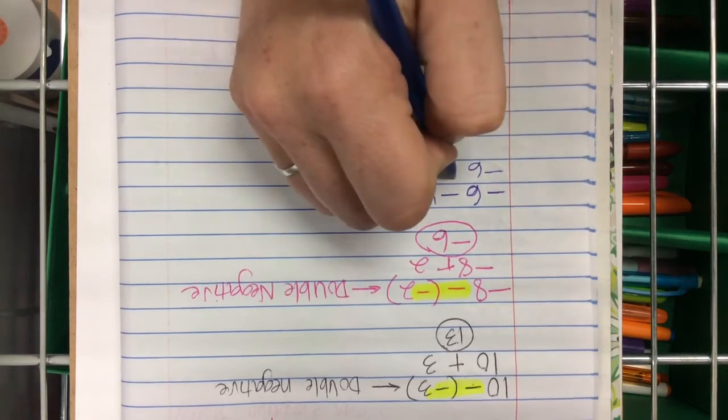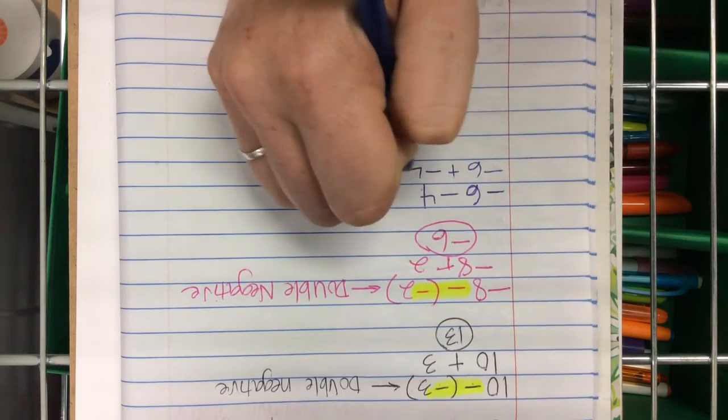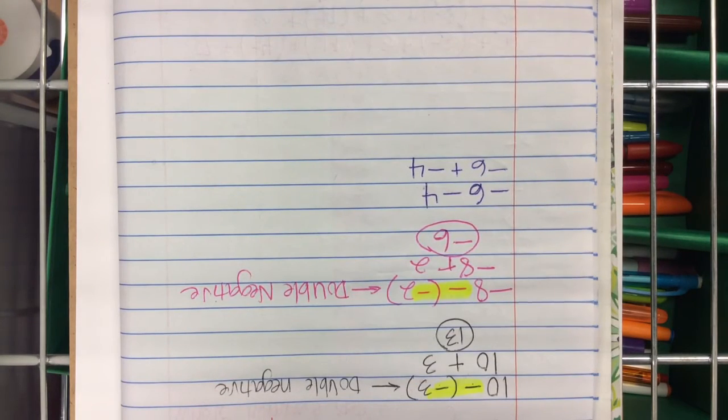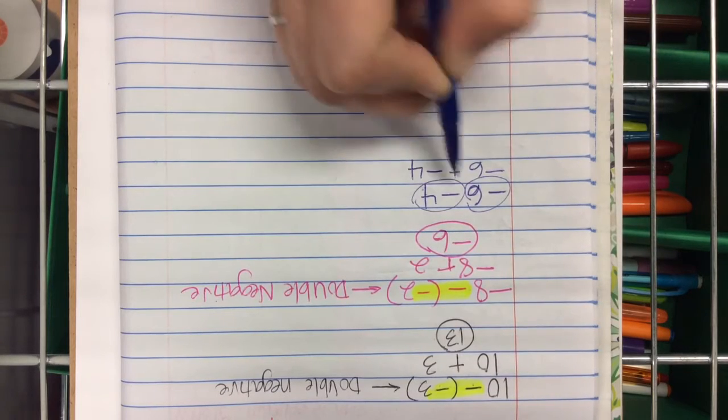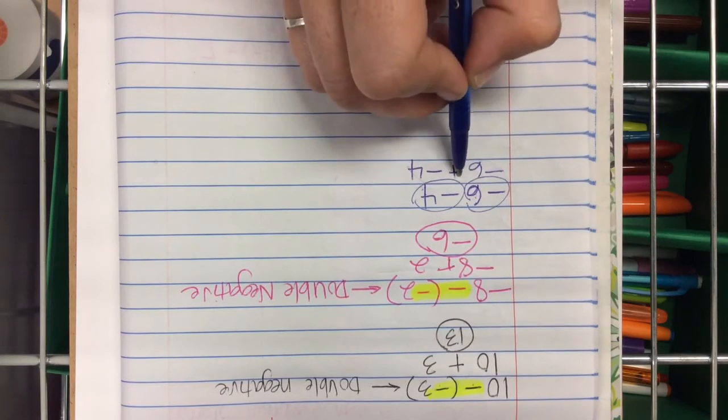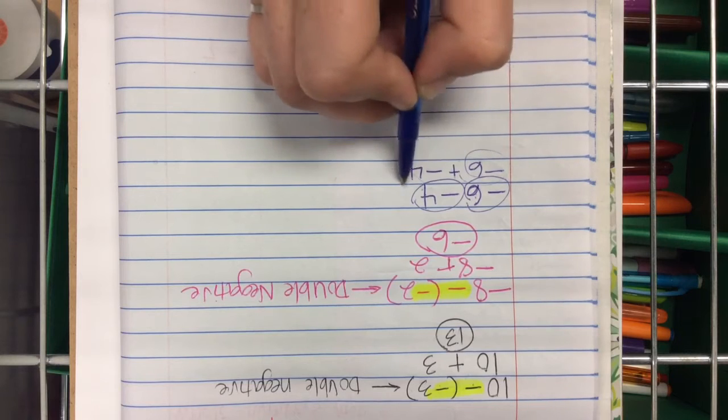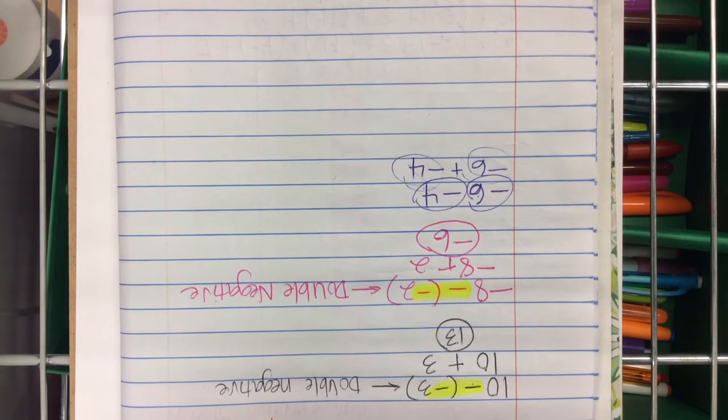Plus negative 4. Those are the same. I have a negative 6 and I have a minus 4. So if I separate them, negative 6 plus negative 4. Same thing.